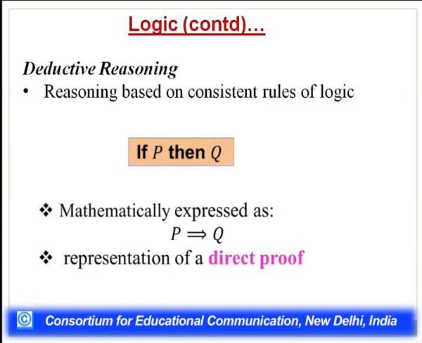We'll come back to this when we discuss mathematical proofs. Okay, so this is as far as the basics of deductive reasoning are concerned. Let us now talk about inductive reasoning.